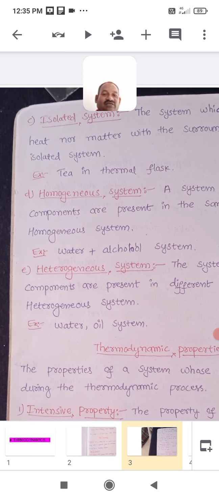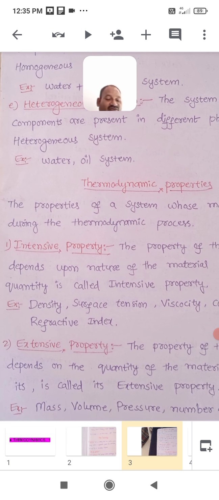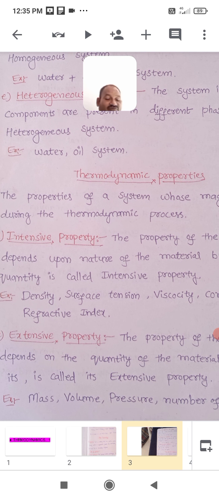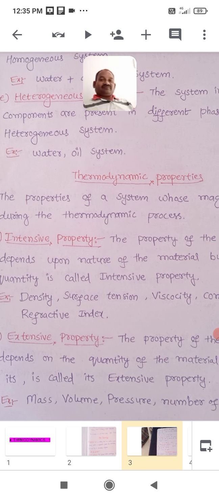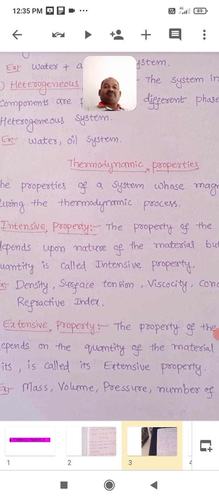Examples: mass, volume, pressure, number of moles.